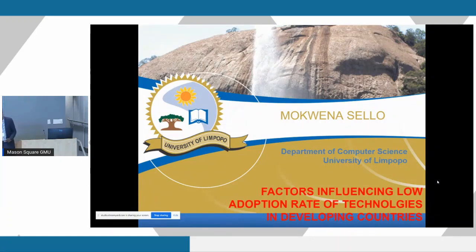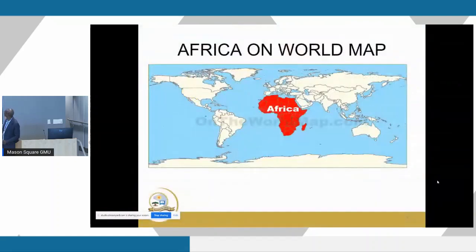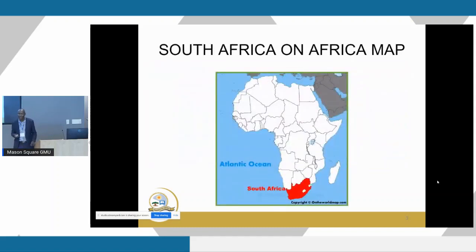I thought I will start by just locating myself geographically. Something that I've struggled with is the American geography, and whilst I was here, I've tried to learn as much as I can to understand it. South Africa is in Africa, as you can see, and we are right there at the bottom.